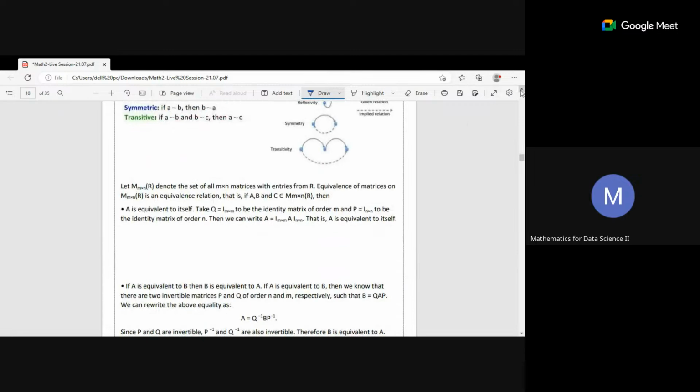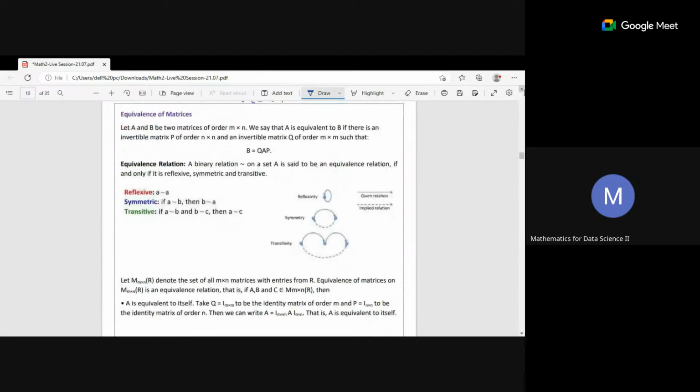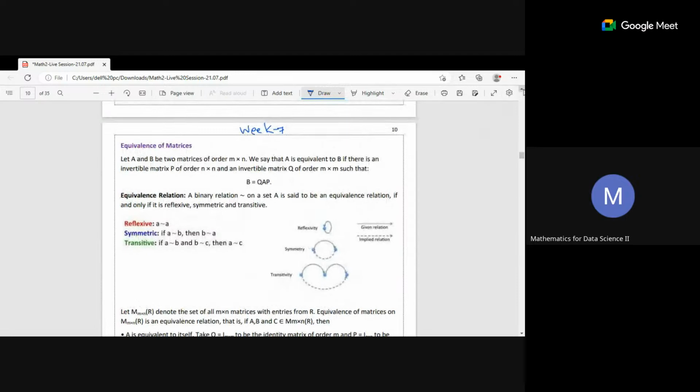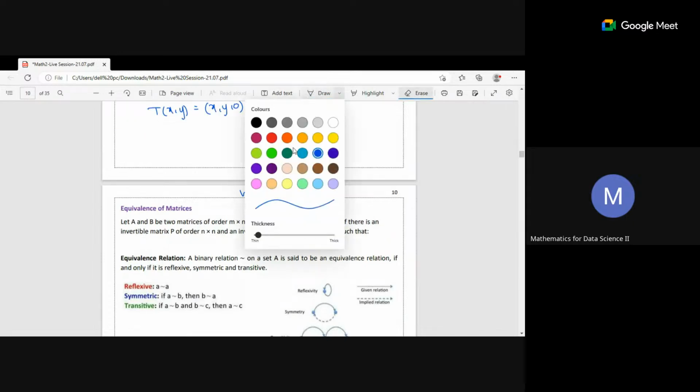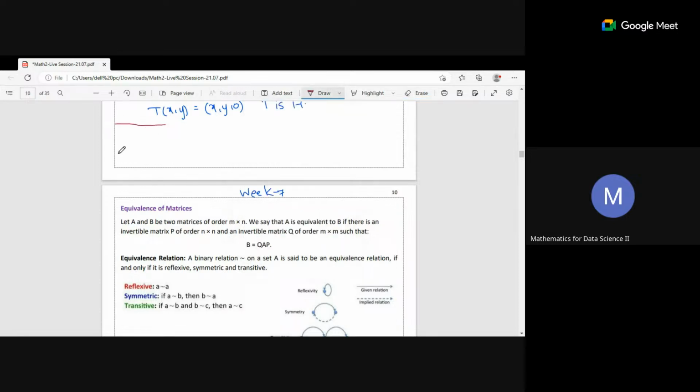So for the week 7 topic, before introducing, I will ask just one question. The answer for this question we will cover in week 7. Maybe straight away you will not be able to see it when we start week 7, but eventually you will get the answer from week 6.